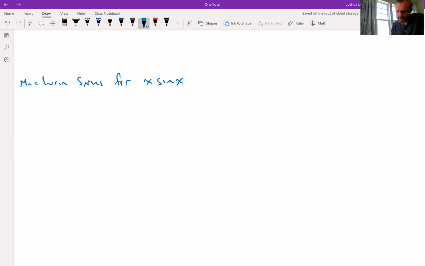Now, what's interesting here is we know that sine x, from the last one, is going to be the sum of negative 1 to the n, x to the 2n plus 1 over 2n plus 1 factorial.